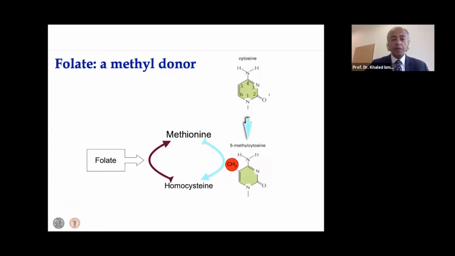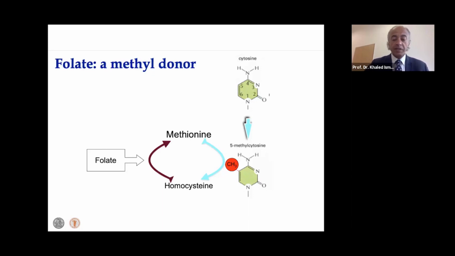It gives out methyl groups because folic acid is crucial in, if you remember from your biochemistry, the one carbon cycle, whereby the homocysteine, which is not a very nice substance in our body, gets washed out, changed to methionine, and this cycle carries on when methionine goes back again to become homocysteine.